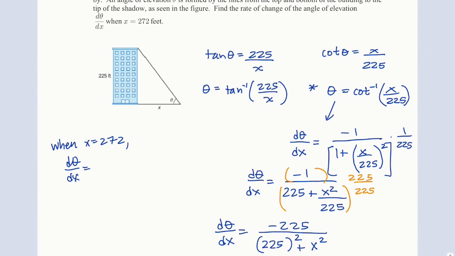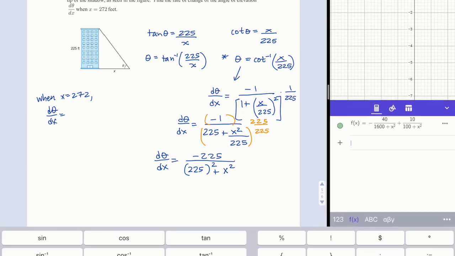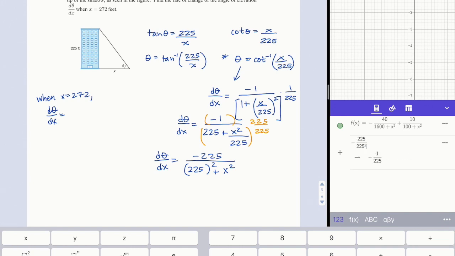So if we plug in 272, let's see what we get. So now we want to evaluate negative 225 over 225 squared plus 272 squared. And so we get approximately negative 0.0018.